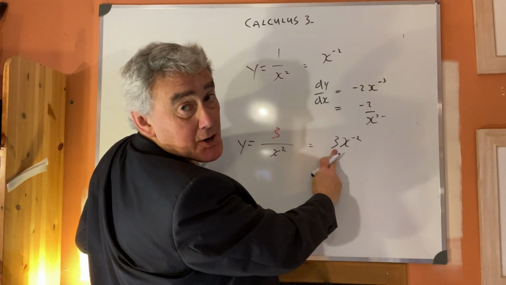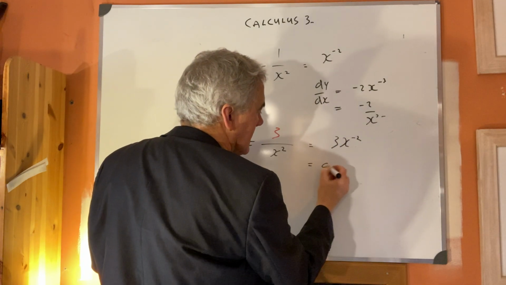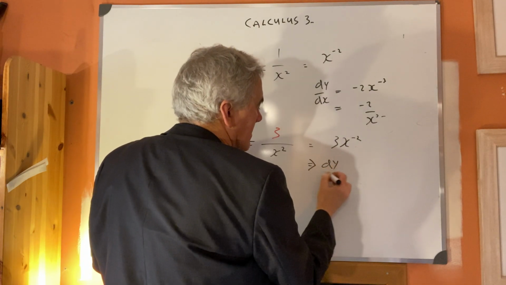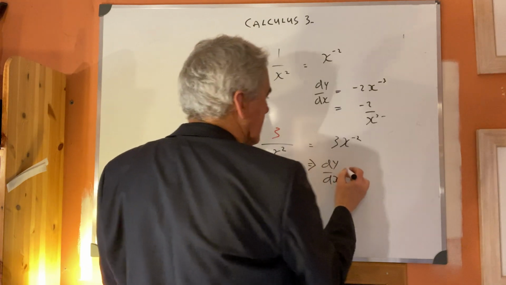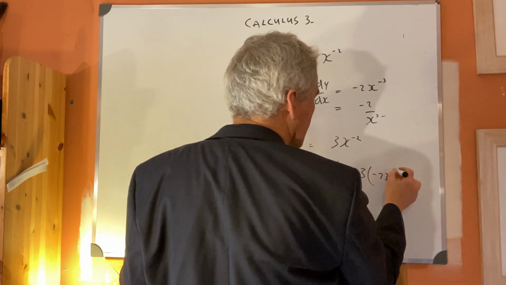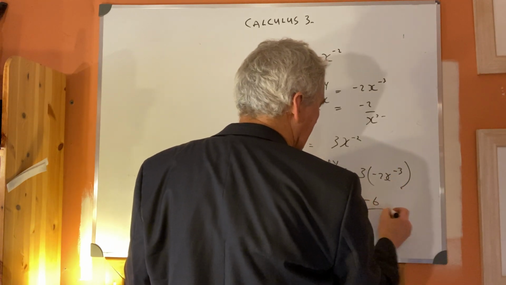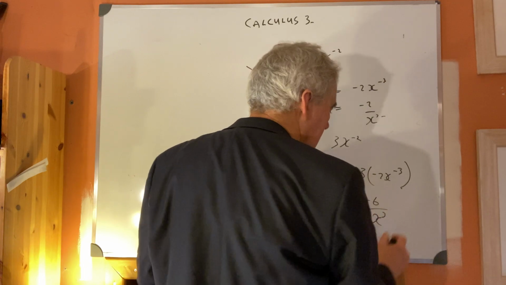We don't discard it, but we differentiate as if it were not here, so we get dy dx is equal to 3 by -2x to the -3, which is -6 all over x cubed. Okay?